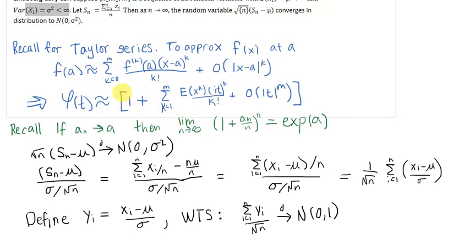So we have 1, which is moment 0. I'm not going to count that one. And then the next 2 components, because we know mean and variance are finite.